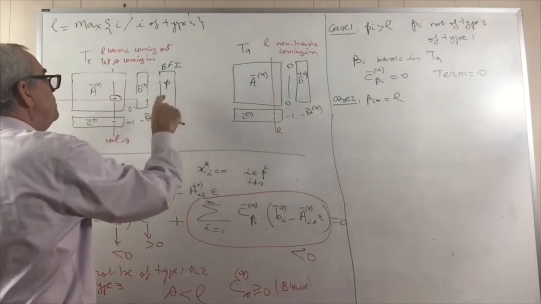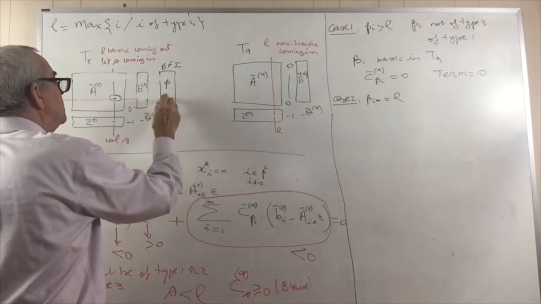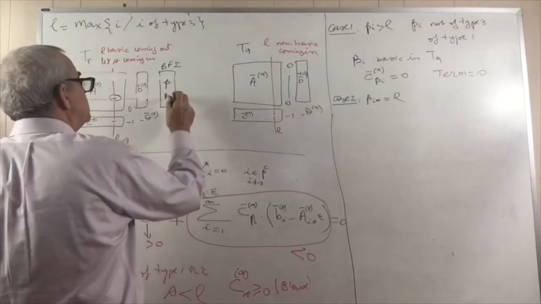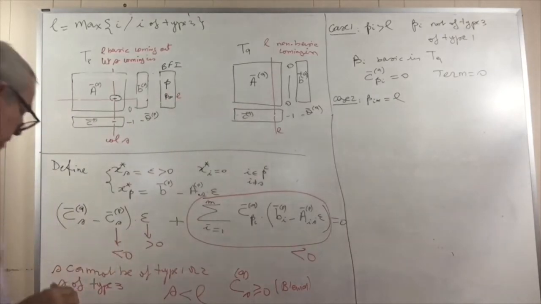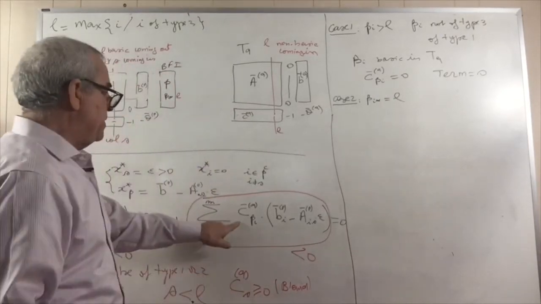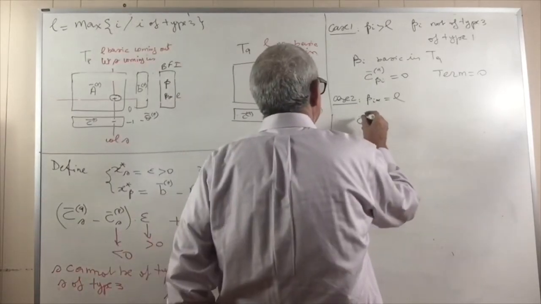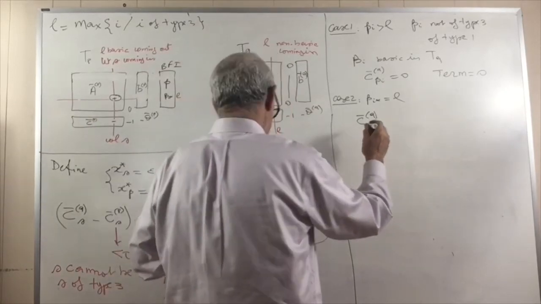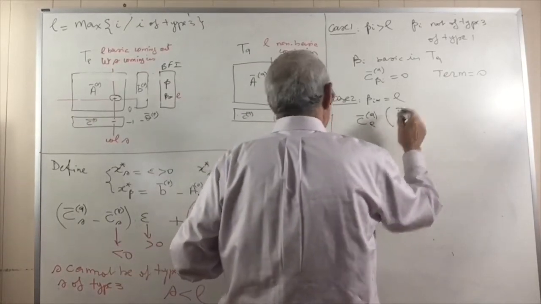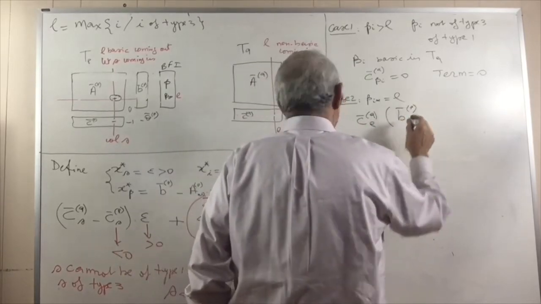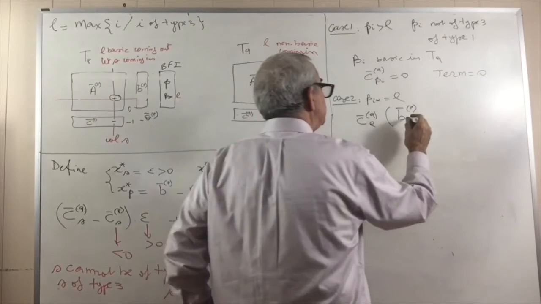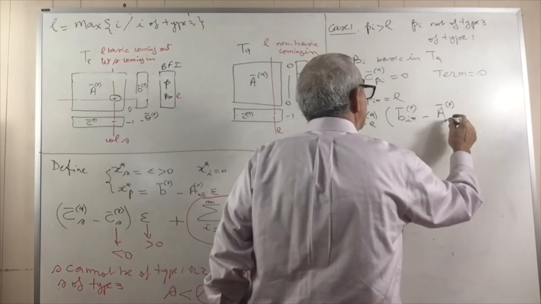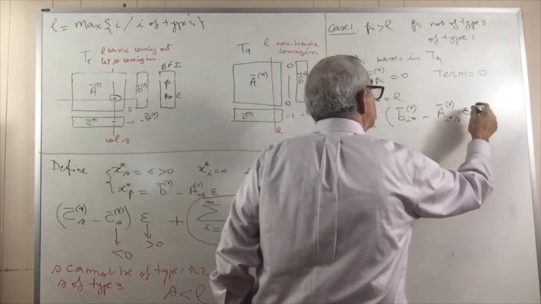So here beta I star, and that's L. Same thing as L. So my term here is just C bar Q of L times b bar of p I star minus a bar of p I star s times epsilon.